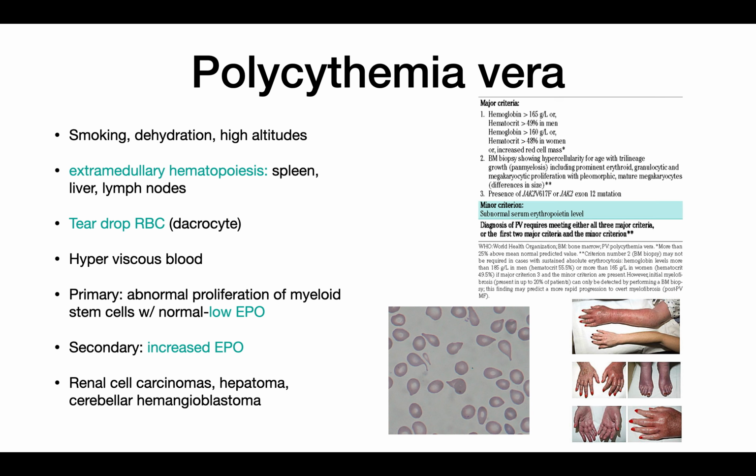The primary cause would be low erythropoietin, and there's just going to be abnormal proliferation of the myeloid stem cells. And in secondary, the polycythemia is going to be caused by increased erythropoietin, and that's due to renal cell carcinoma, hepatoma, cerebellar hemangioblastoma.